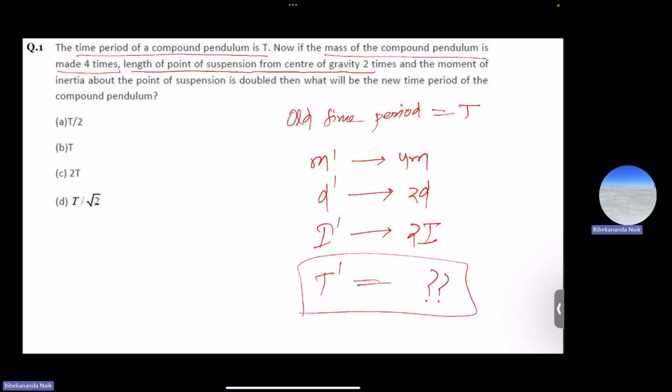So we have T equals 2 pi root over I divided by mgd. Now, according to the question, m becomes 4 times, distance is doubled, and the moment of inertia is also twice.